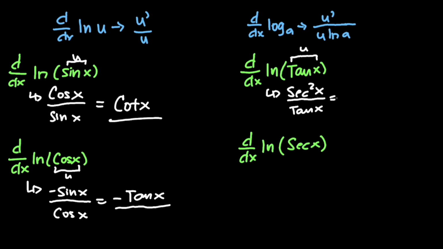Now, secant squared x here will be 1 over cosine squared of x over tangent of x will be sine of x over cosine of x. So one of the cosine will cancel out, so the final answer will be 1 over sine x cosine of x.